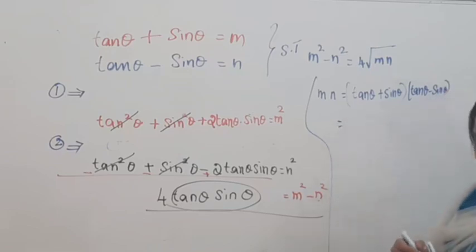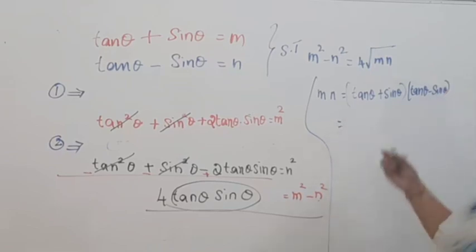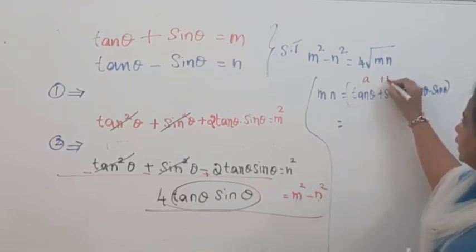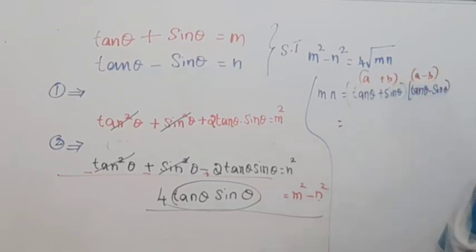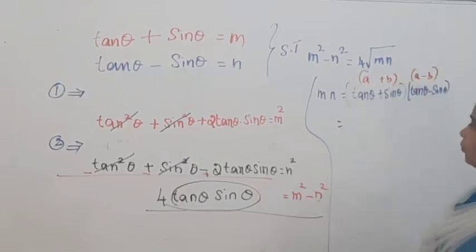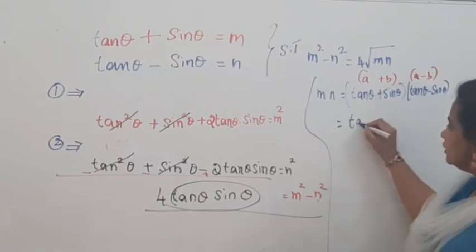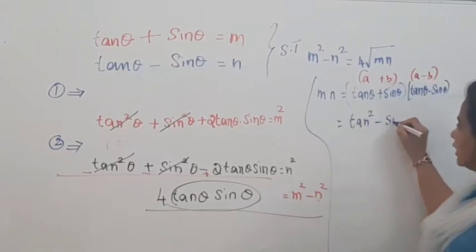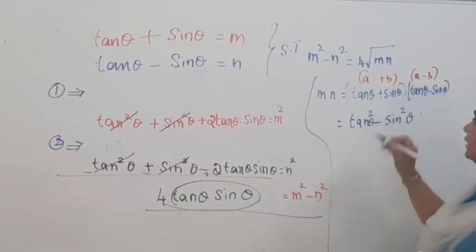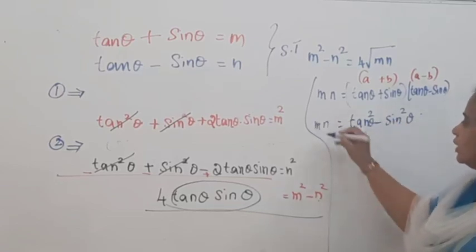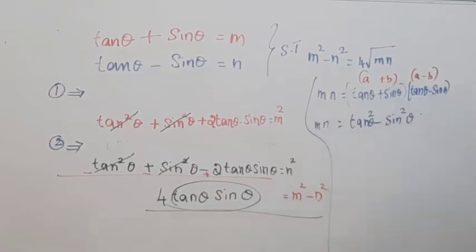This is of the form a plus b into a minus b, which is the a square minus b square identity. So I will write tan square theta minus sin square theta. So mn is equal to tan square theta minus sin square theta.